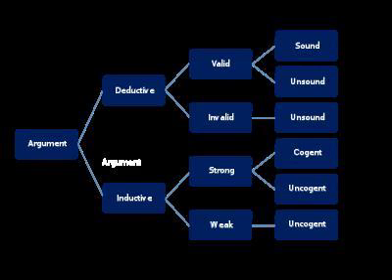For example, let's say we have this argument. All wars are started by miscalculation. The Iraq conflict was a war, so what's the conclusion? Well, if it's that, then it was started by a miscalculation.